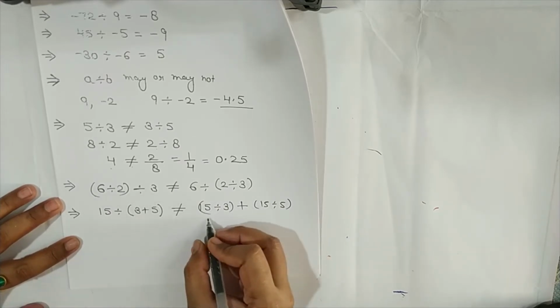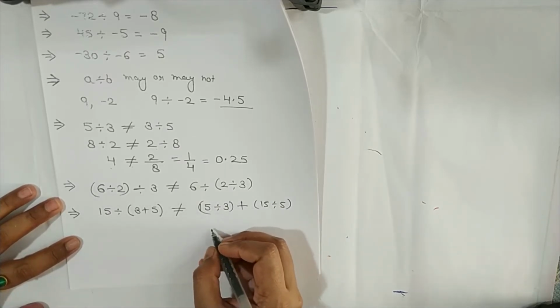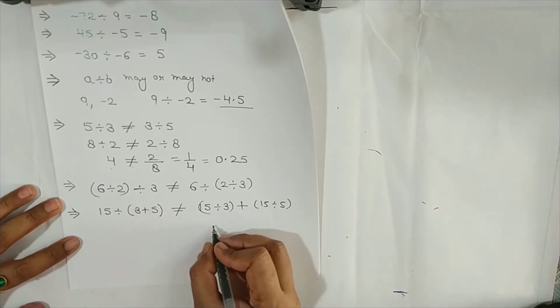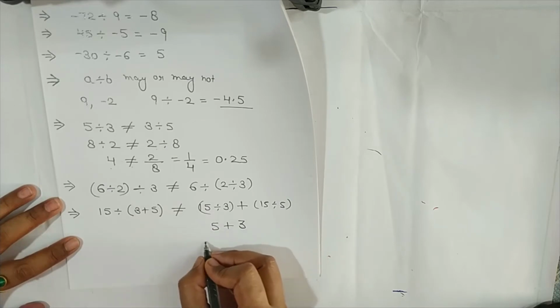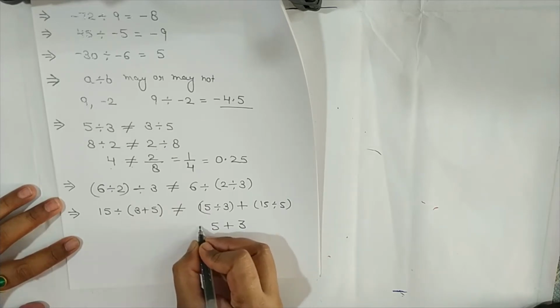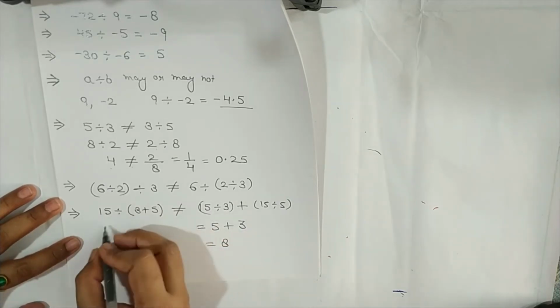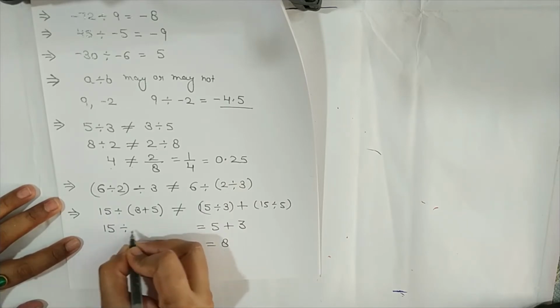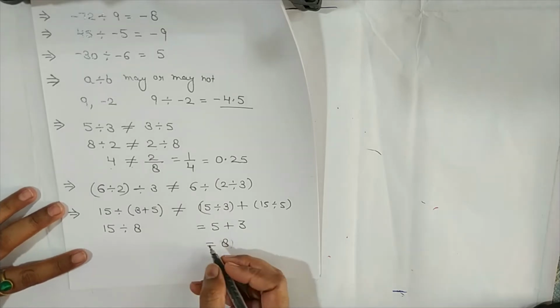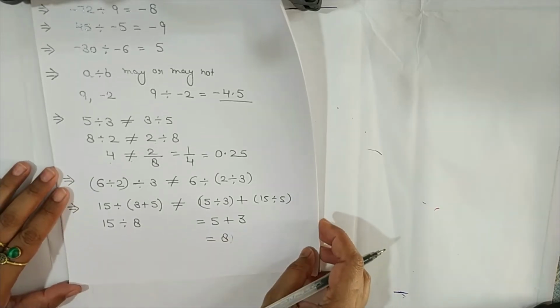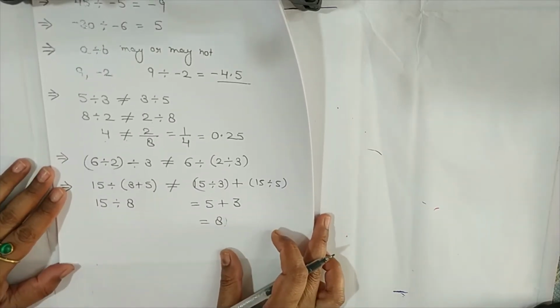You can solve this. On the left side, 3 plus 5 becomes 8, and there it is 15 divided by 8. So the answer may differ from the right side. So we can say that we cannot apply the distributive law over addition.